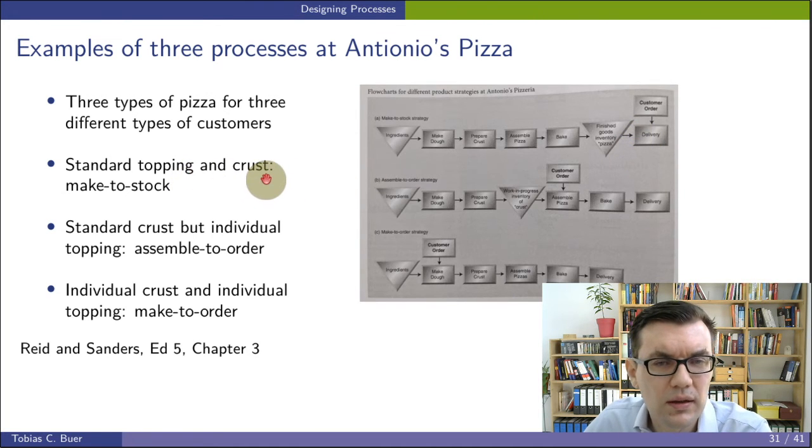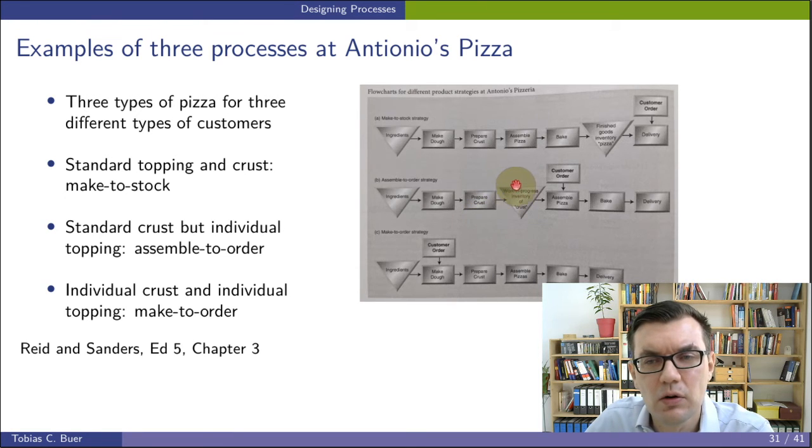Okay, Antonio has a second type of pizza where he also uses a standard crust, but there's an individual topping. And this process is called assemble to order. Again, we start with an inventory of ingredients. We make the dough. After the dough is ready, Antonio prepares the crust.